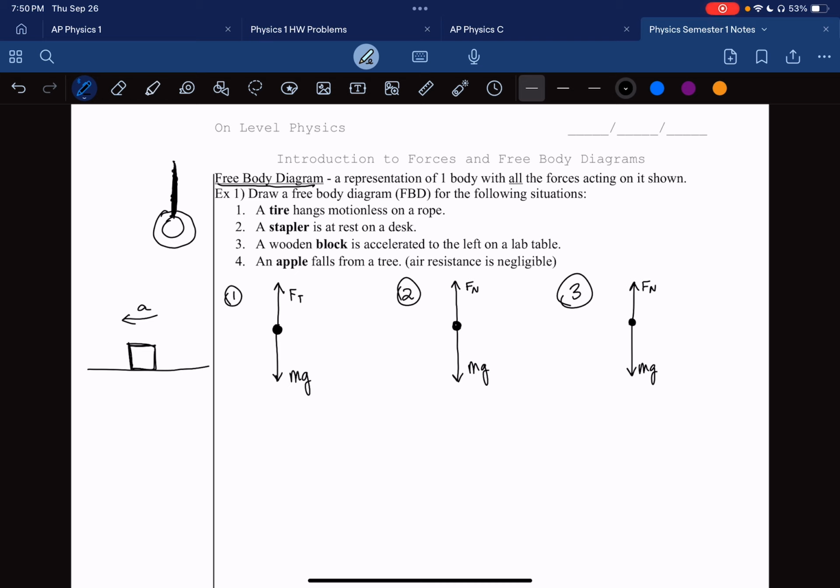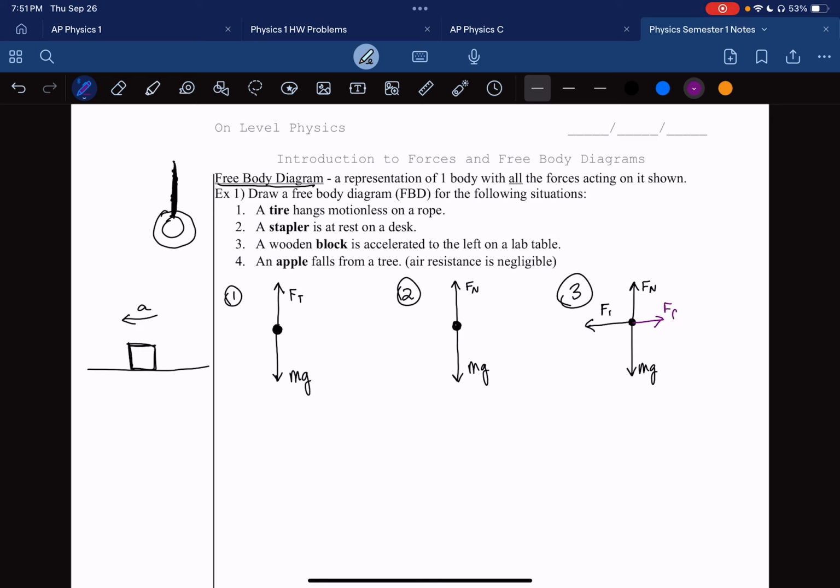So it's accelerated to the left. That means it must have a net force pushing it to the left. We'll just call that an applied force. Someone is probably pushing it. Now, they didn't specify whether there's friction here or not. If we assume there's no friction, then our number three is done. If there's a little bit of friction on there, it would be opposing how it's slipping.